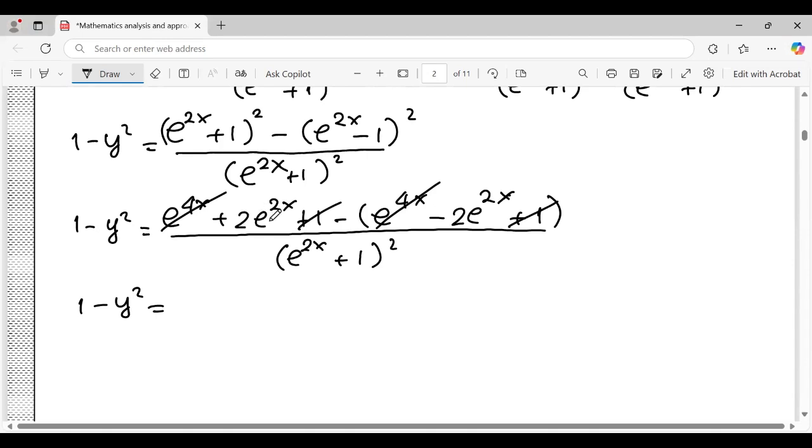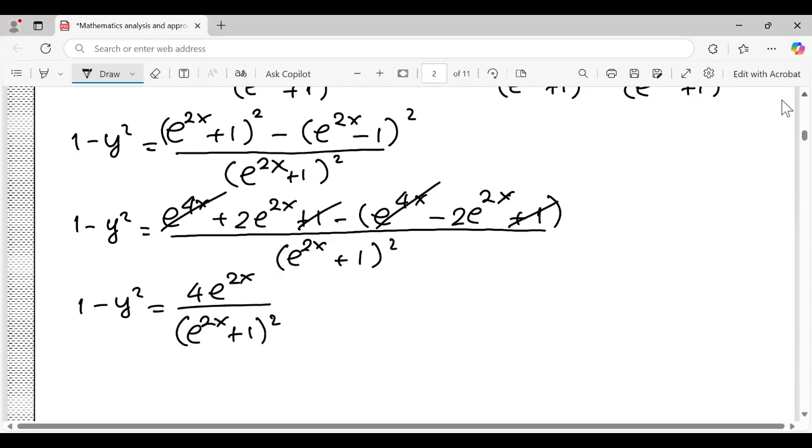It becomes 2e^(2x) plus 2e^(2x), because minus and minus becomes plus, so it is 4e^(2x) over (e^(2x) plus 1) squared.